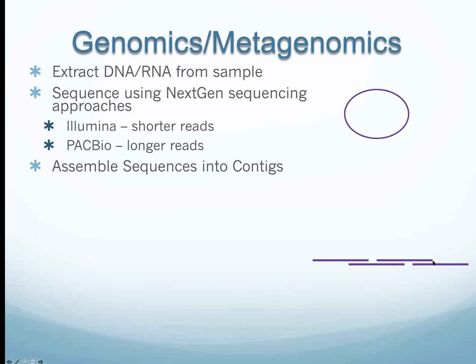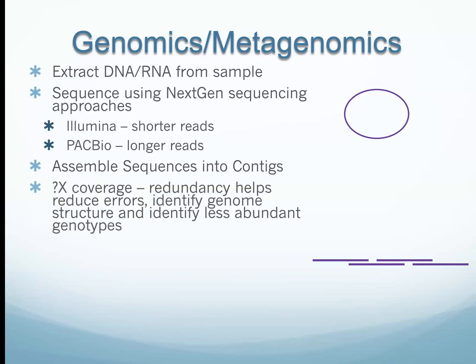And of course we do this with a computer. This is fairly simple to do with a pure culture genome, right? So you've got different fragments, you assemble them in the computer, and you end up closing the genome, so to speak, which means you get sequences that overlap all the way around, assuming you have a circular prokaryotic genome.